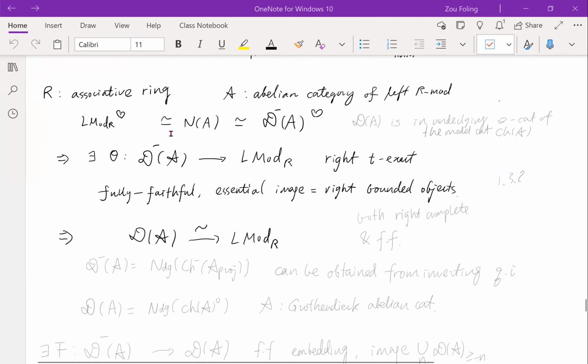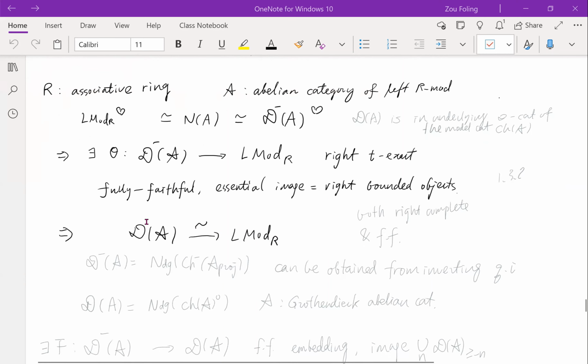From this, the upshot is that you can obtain a map from the derived category of A to left R modules, and this is an equivalence. The derived category constructed using classical means is equivalent to this spectrum category.